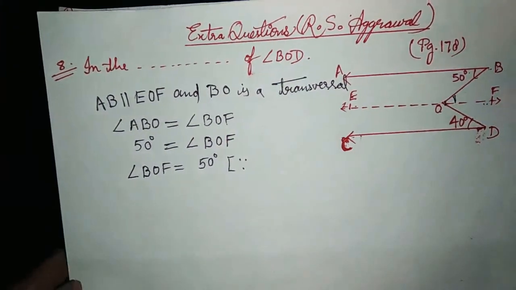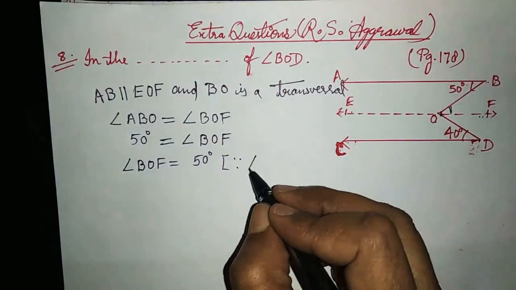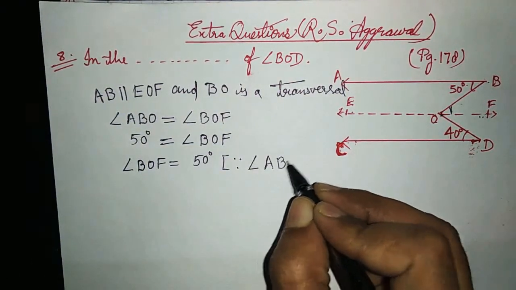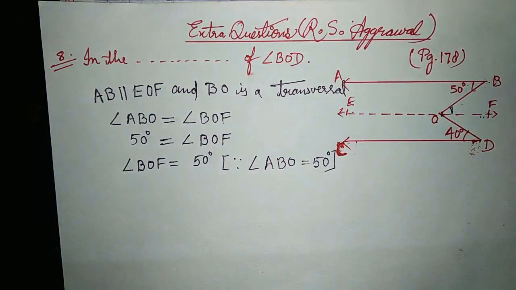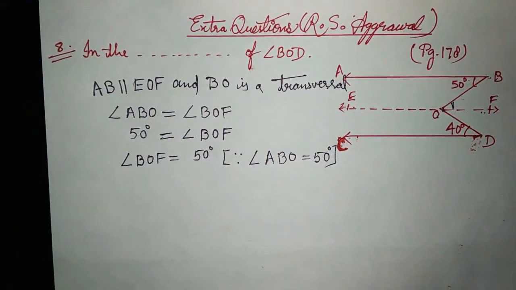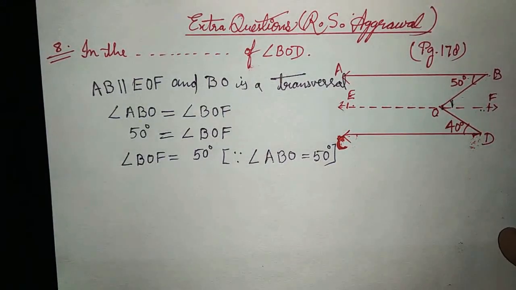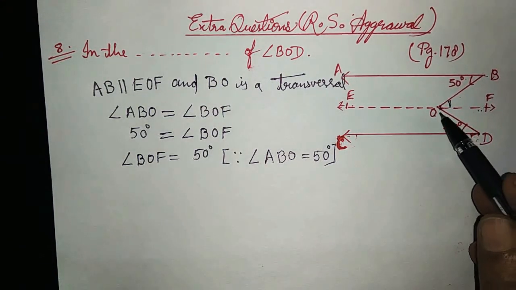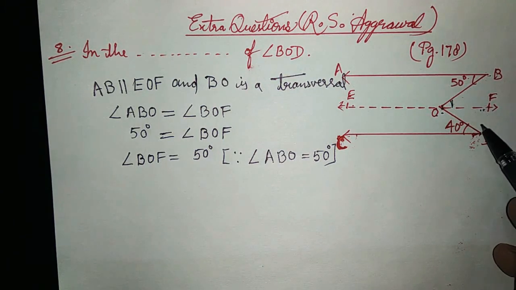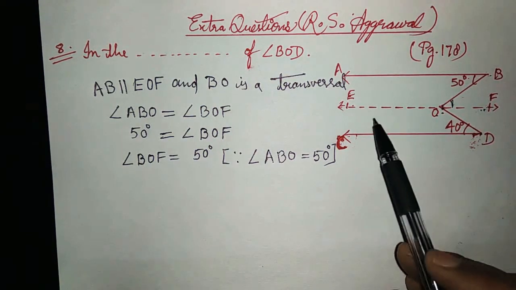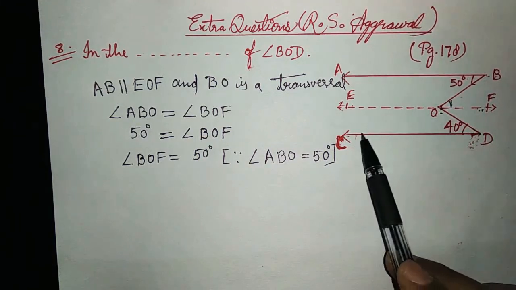Since angle ABO is equal to 50 degrees, given. Now we will find the measure of angle DOF. For this angle, we will take these two parallel lines. Now see, EOF is parallel to CD.